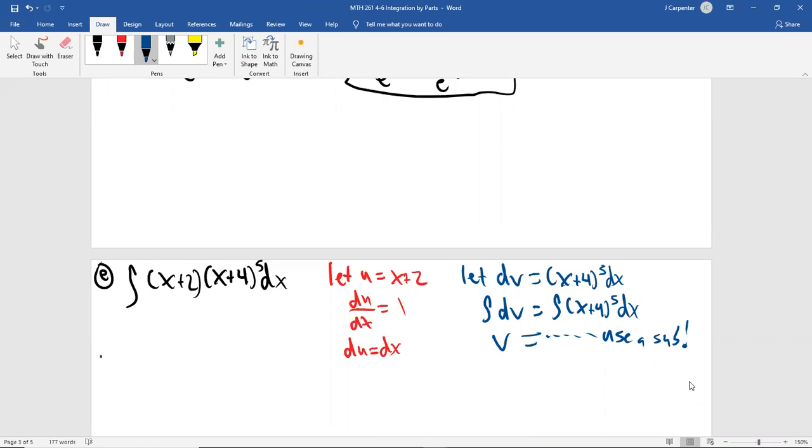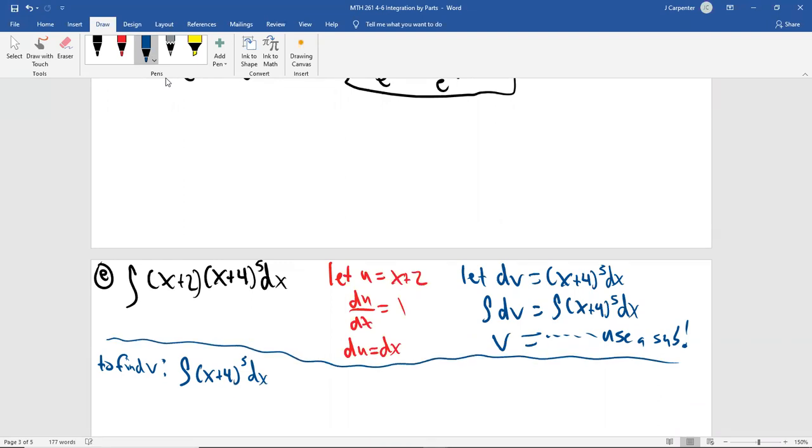So to find v, we've got the integral of x plus 4 raised to the 5th dx. We would want to say let u equal, so we're back to the substitution technique, so that's the inside bit generally, x plus 4.